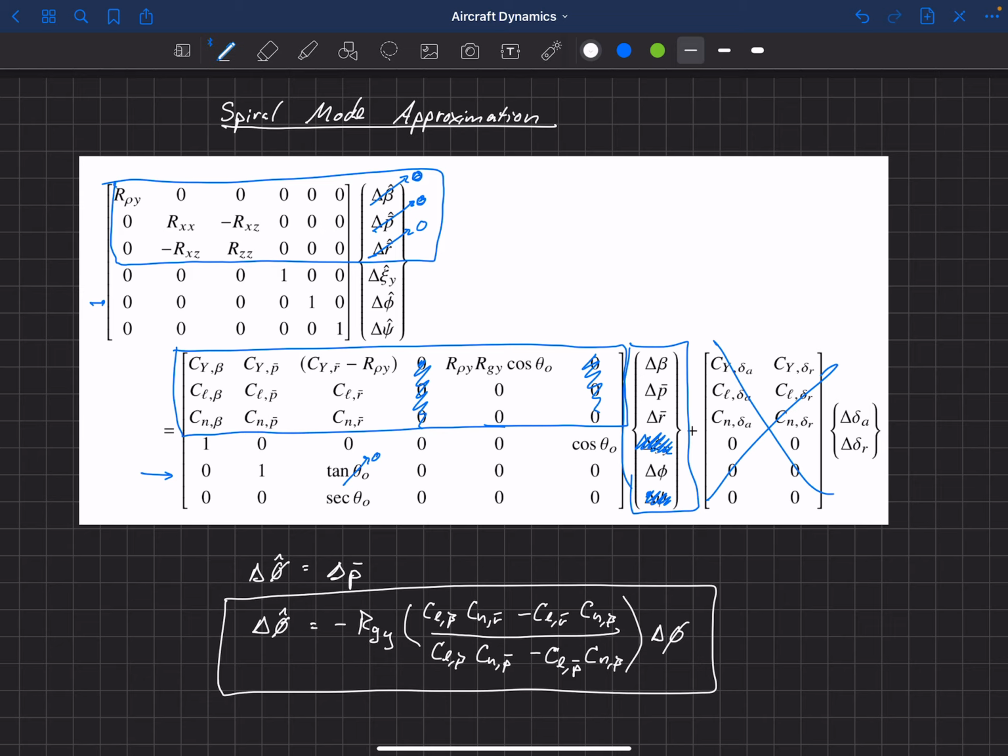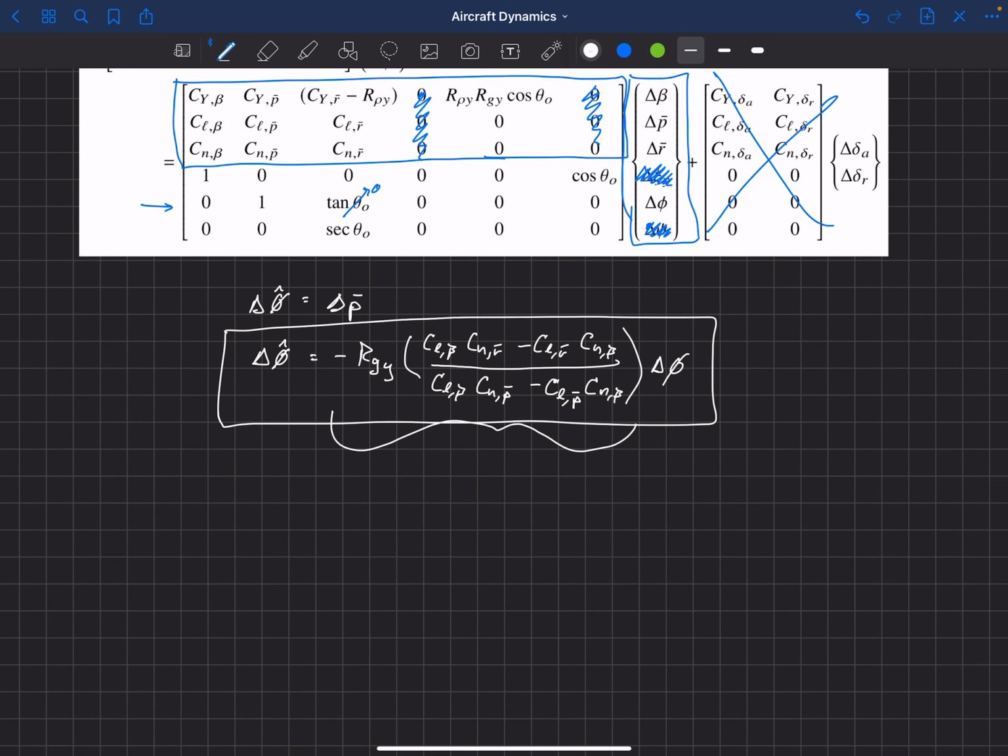From this, actually, this is our eigenvalue. Just this term right here turns out to be the eigenvalue. The dimensionless eigenvalue for spiral is simply what we have right there: the minus RGY times everything in parentheses.